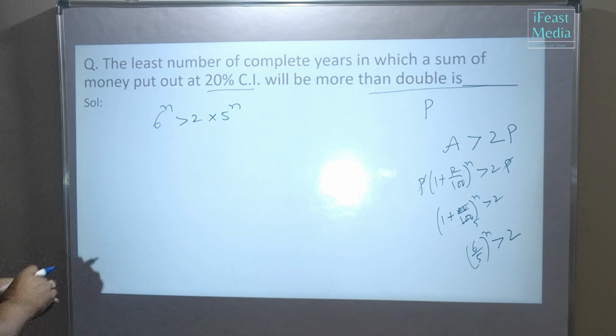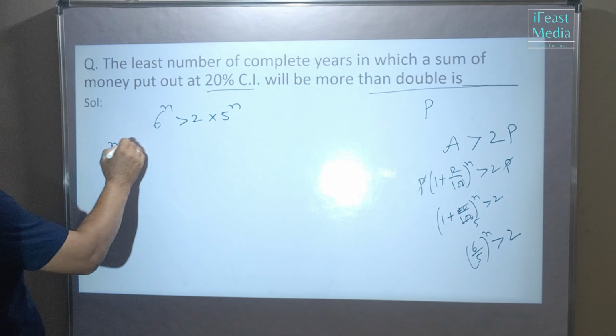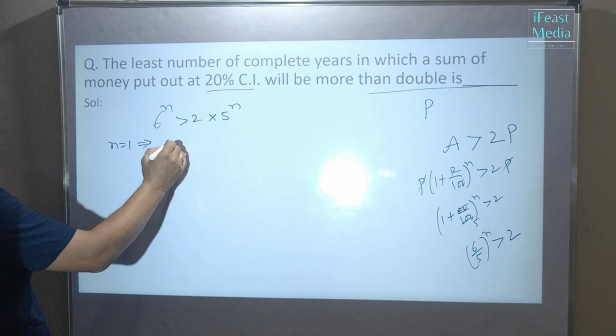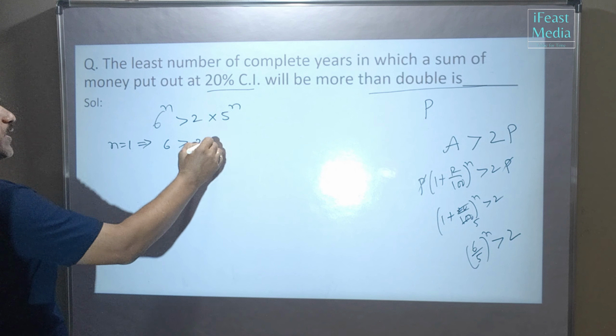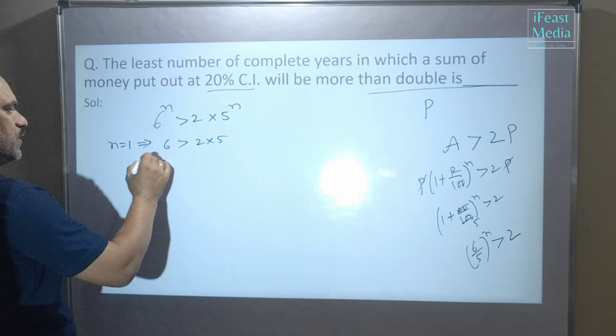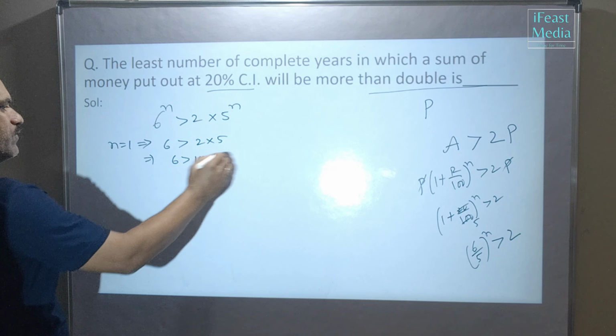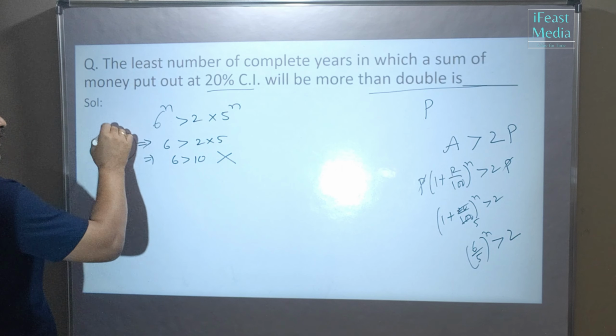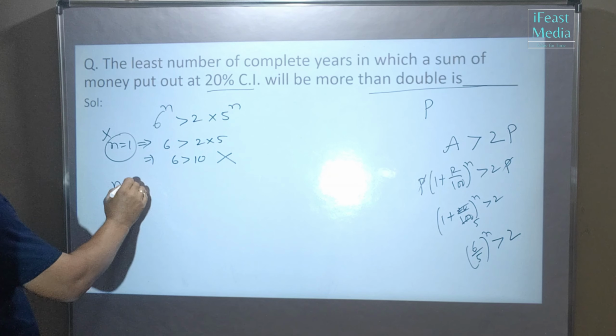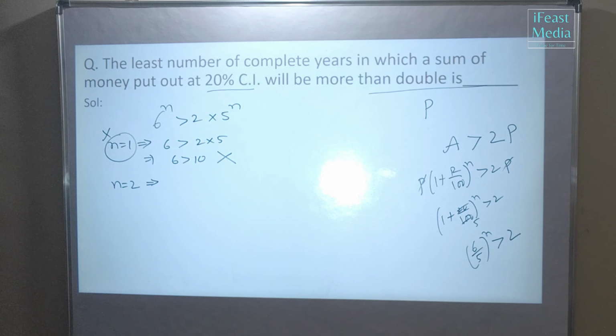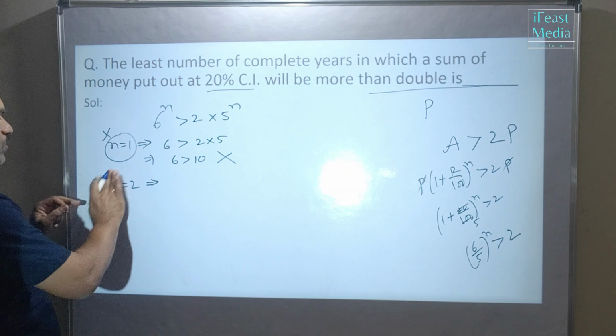Now let us check by trial and error. N equal to 1 implies 6 power 1, 6, is greater than 2 into 5. That means 6 is greater than 10, which is false. So n cannot be 1. We need to find the least value of n, so let us try n equal to 2.